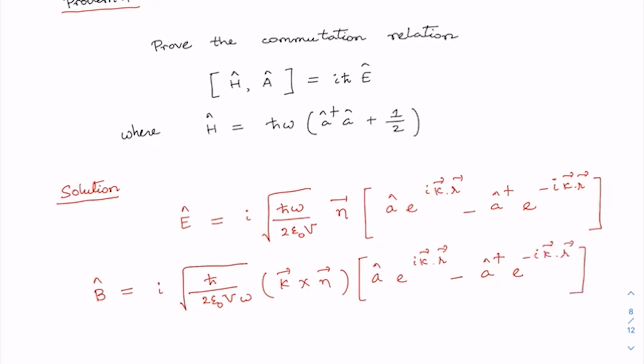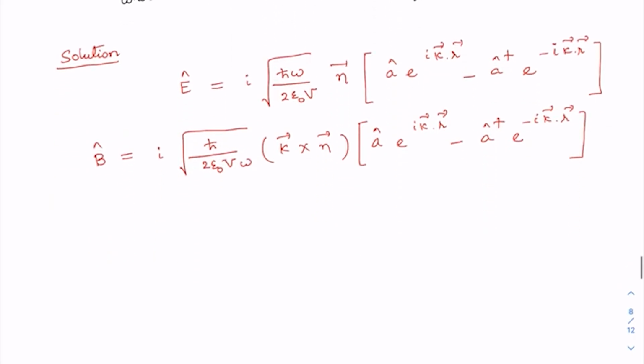We have not worked out the expression for the vector potential, but the vector potential can also be very easily worked out, and in fact I urge you to verify it.